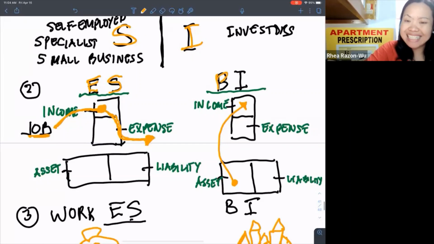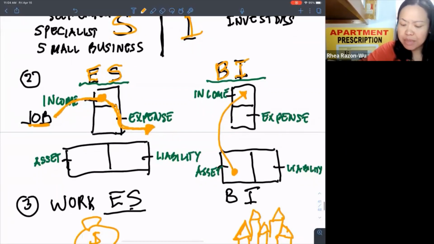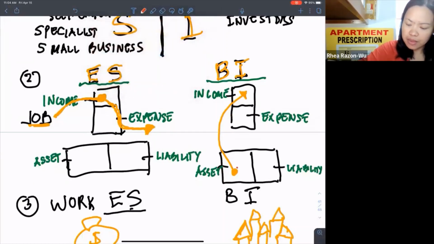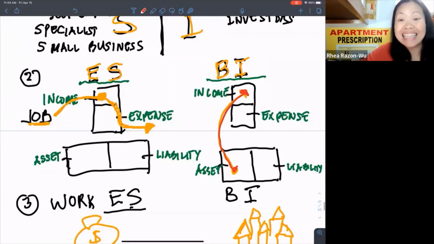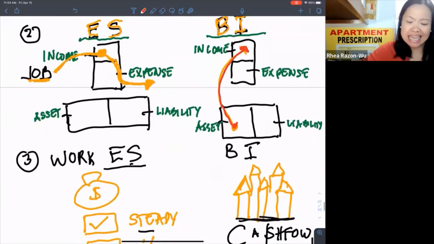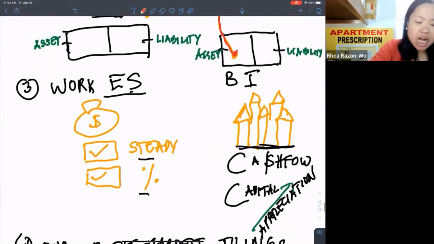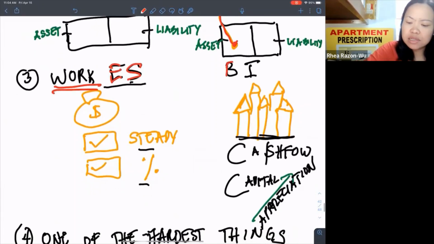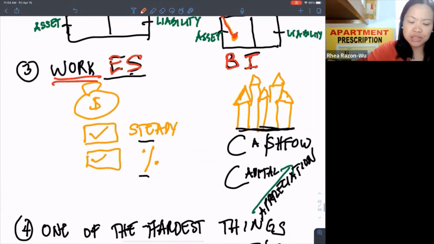Whereas the big business and the investors, their income is coming from the assets. Assets provide the income to the big business and the investors. When it comes to work, the E, employee, S, self-employed, specialist, small business, versus the big business or the investors.